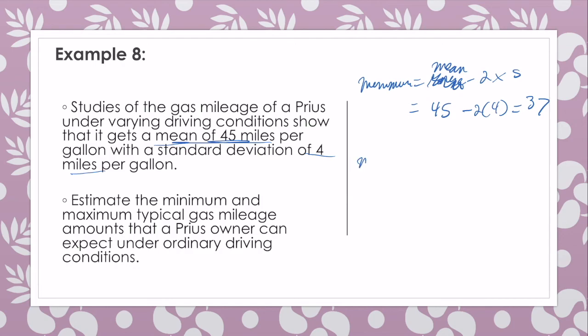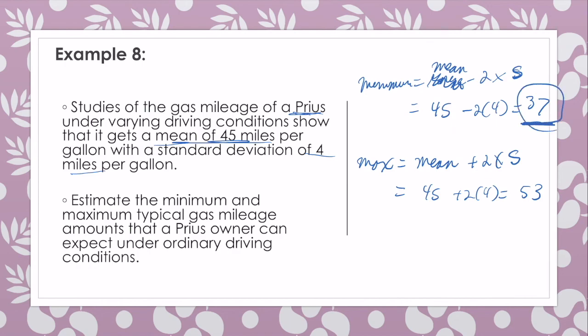And then our maximum, that's going to be our mean plus 2 times our standard deviation, which at this time we're representing with S. So I've got 45 plus 2 times 4, that's 45 plus 8, which is 53. So we could expect our Prius, under typical driving conditions, to get between 37 and 53 miles per gallon.